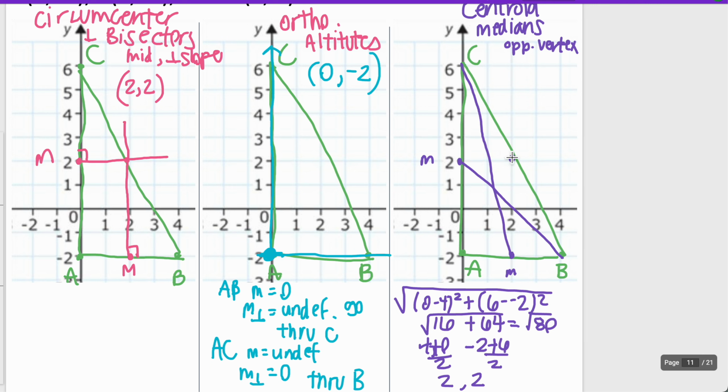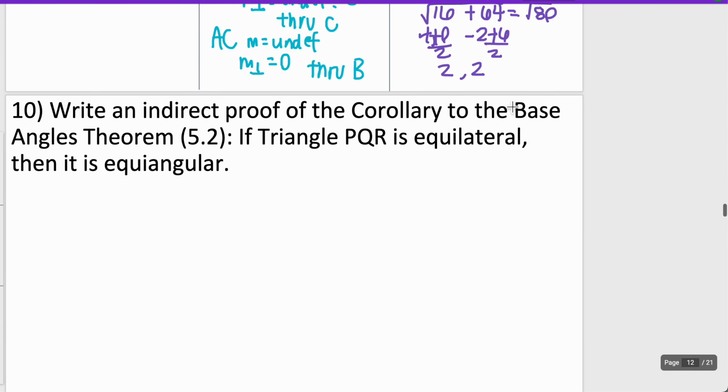My line's a little off there, and then I'm going to the opposite vertex. This one is not perfect on a line, so I would say this is like 1 1/3, 2/3 for your centroid.